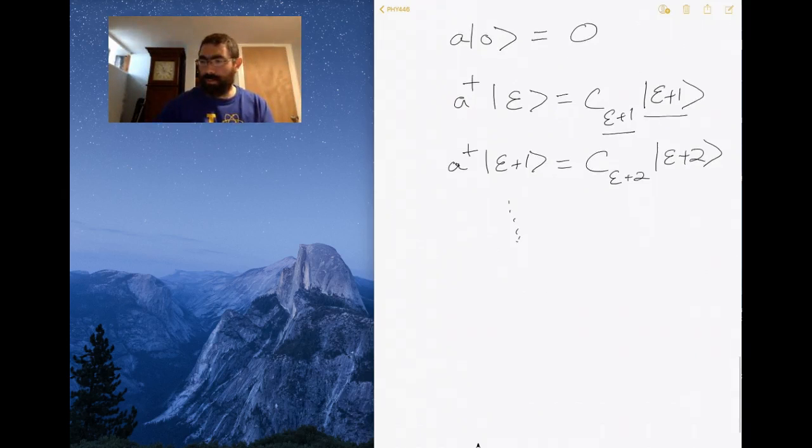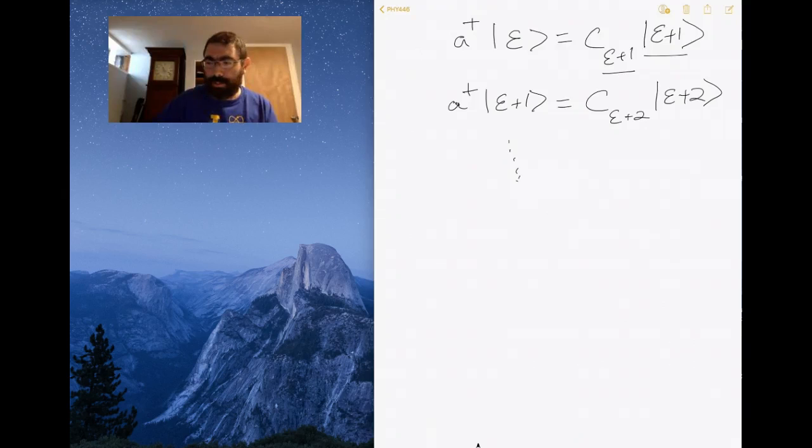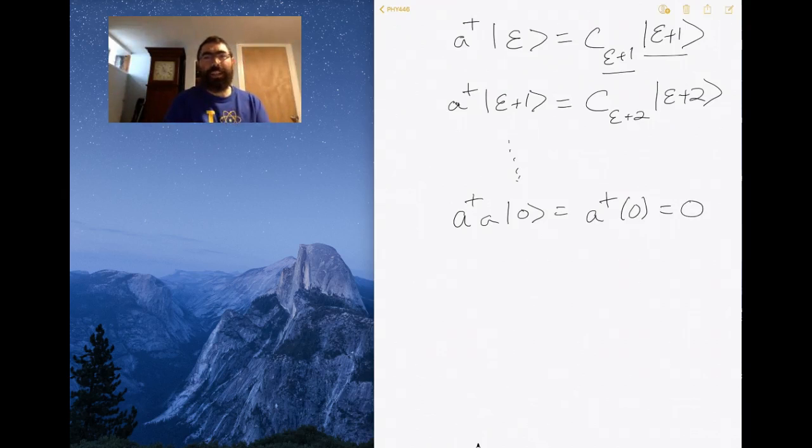Now, the interesting thing is I could take the product A dagger A and apply it to the lowest energy state here, and that would give me A dagger times 0, which would give me a 0. So applying A dagger A to the lowest energy state, 0, just gives me a 0. Now, if you remember, the dimensionless Hamiltonian was A dagger A plus 1/2.